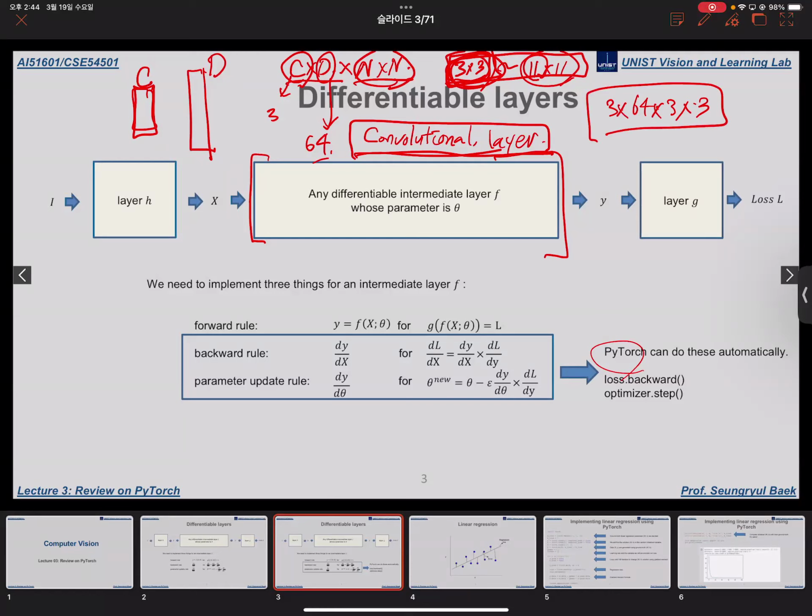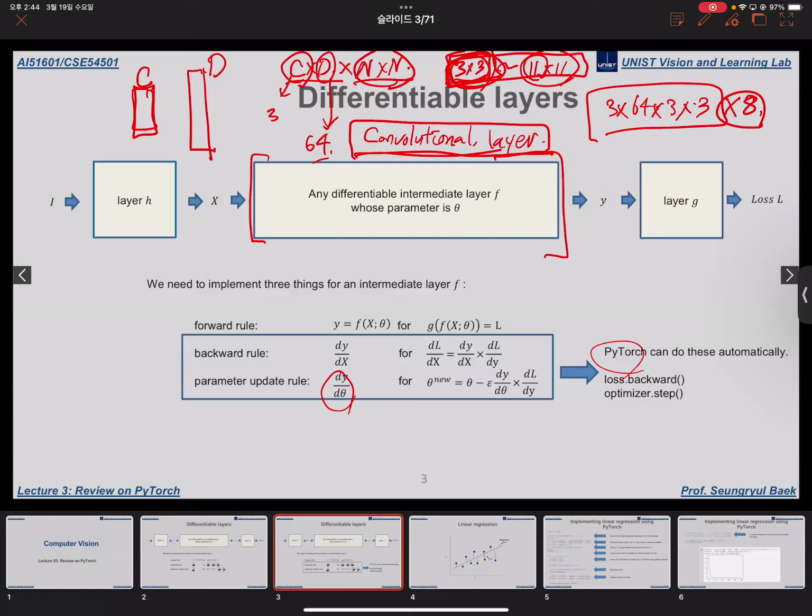This is for one convolutional layer, but we normally have more than 8 convolutional layers. So yeah, it becomes very large. So in CNNs, which is the deep learning architecture, there are a lot of parameters. And it is sometimes very hard for us to manage all the parameters.